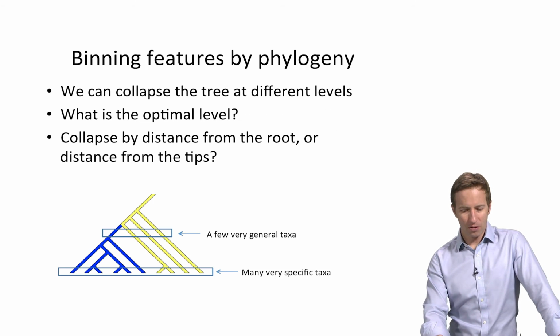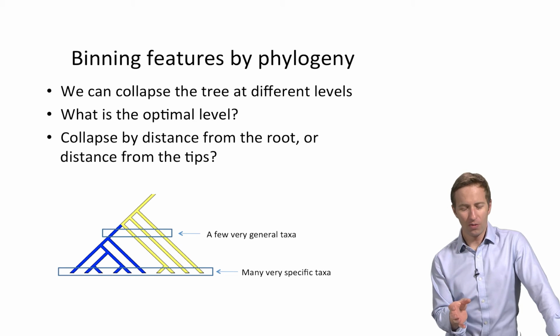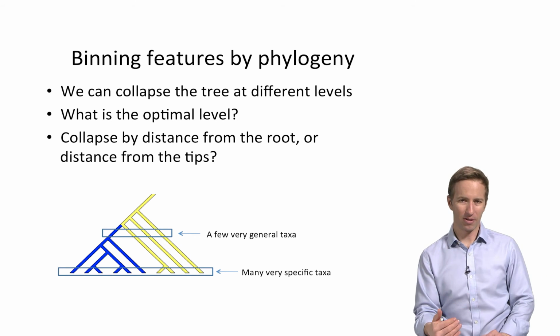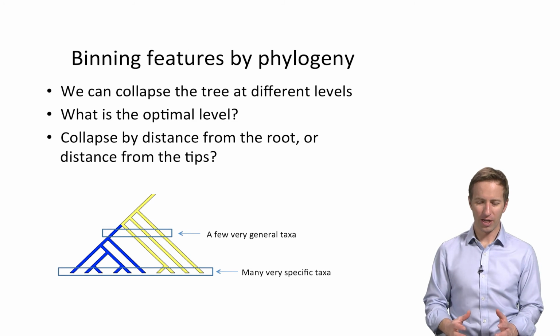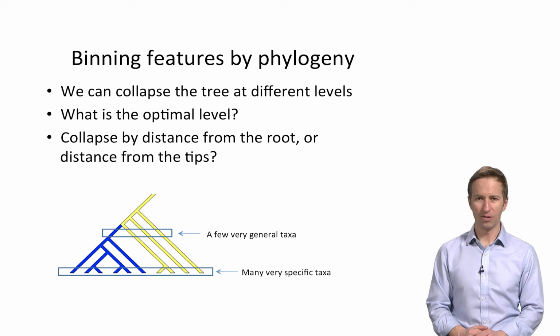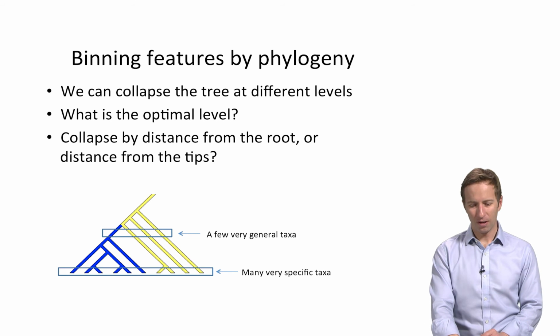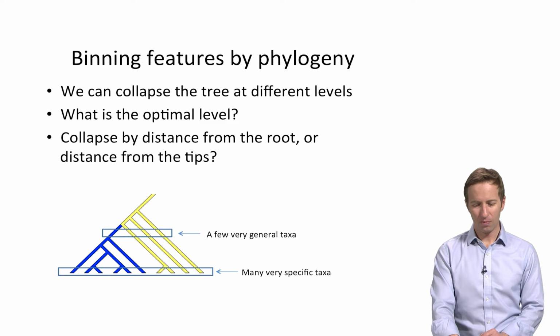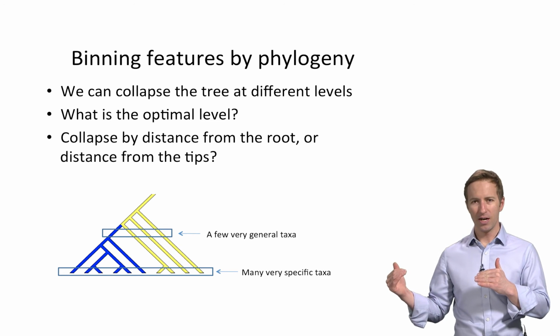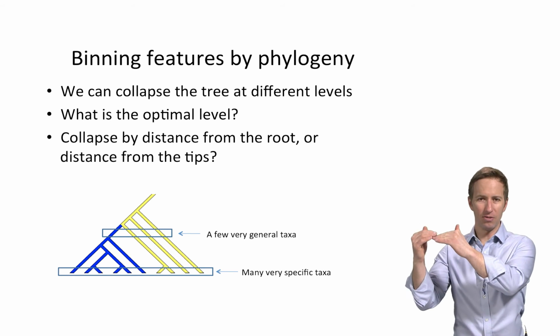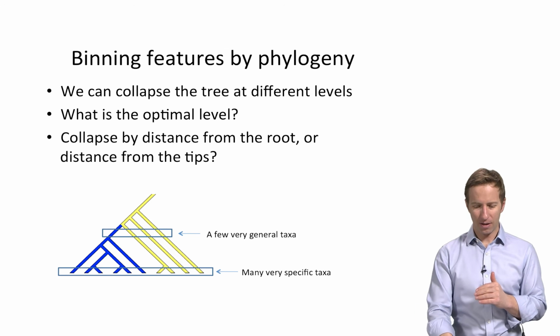So I'm going to give just an example of one way in which we might be able to make better classifiers by incorporating the phylogenetic information that relates OTUs to each other. The way we might do this is by using the phylogenetic tree to collapse OTUs at different levels.